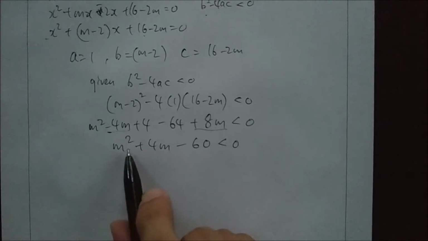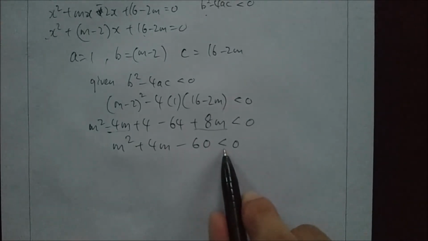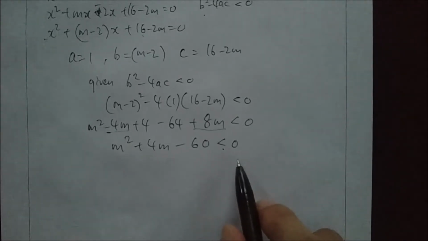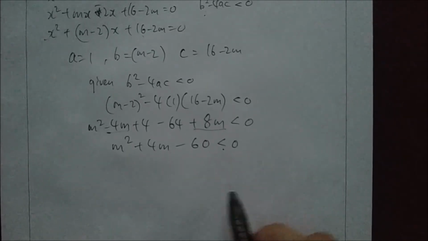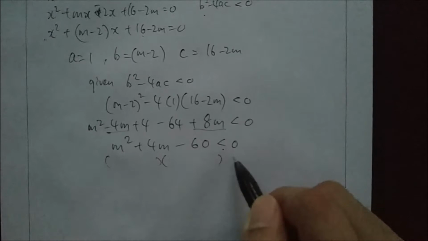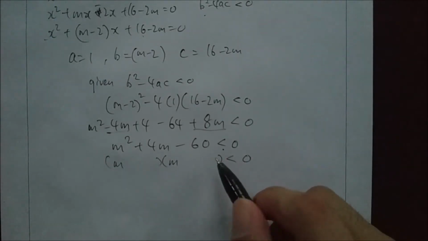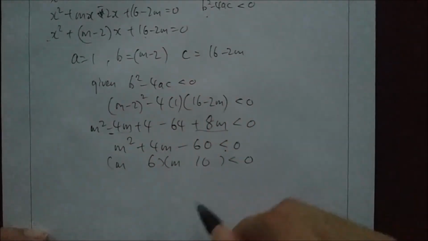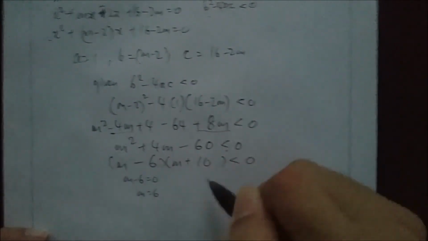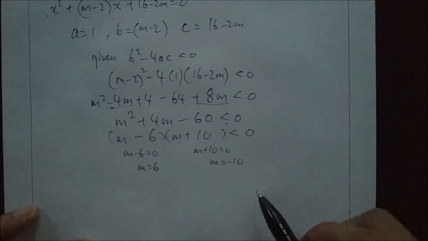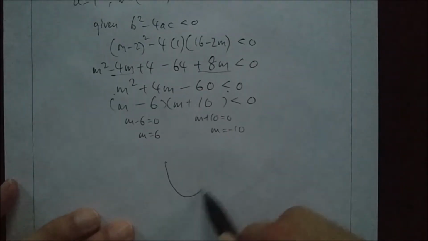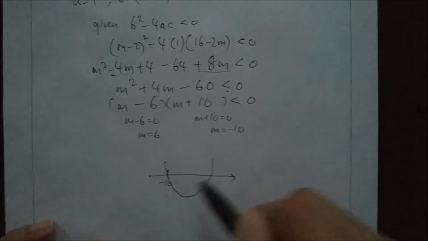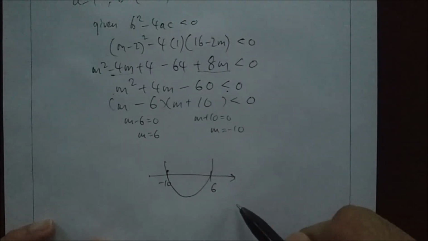If you get a quadratic function and it's an inequality, this is a quadratic inequality, you know that you need to use the graph to help us solve this question. So first we factorize this. So what we should write here is negative 10, here is 6.